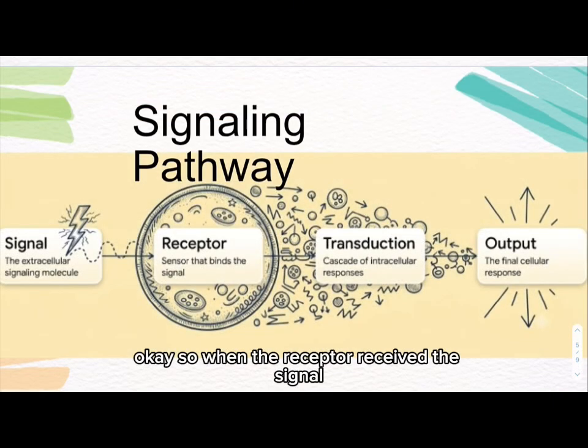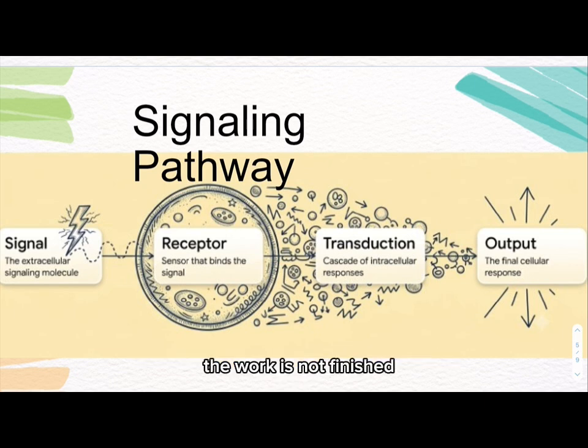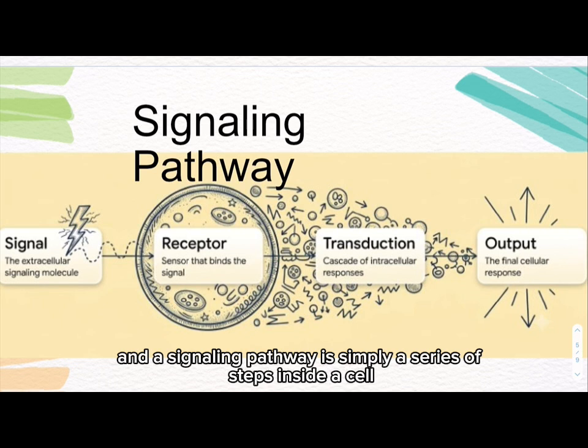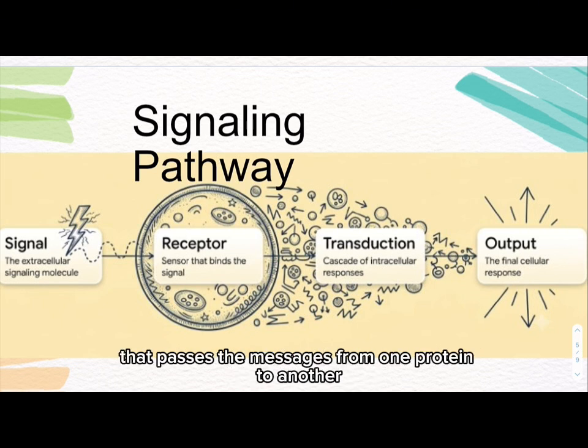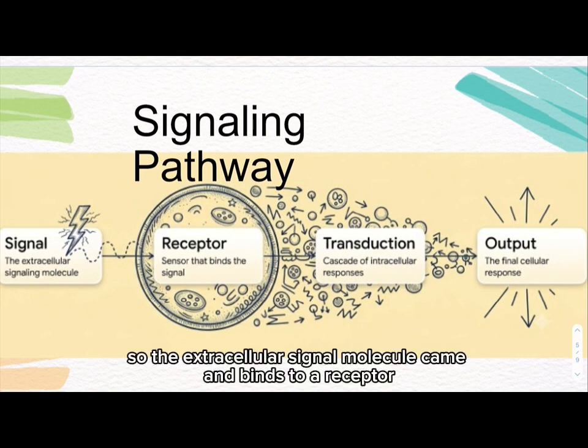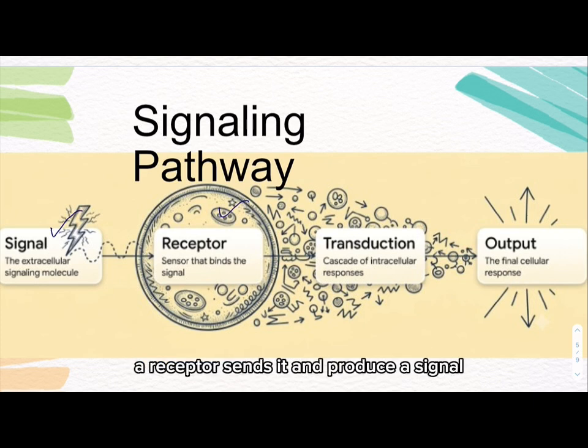Okay, so when the receptor receives the signal, the work is not finished. The message now travels through a signaling pathway, and a signaling pathway is simply a series of steps inside a cell that passes the message from one protein to another. So the extracellular signal molecule comes and binds to a receptor. The receptor sends it and produces a signal.